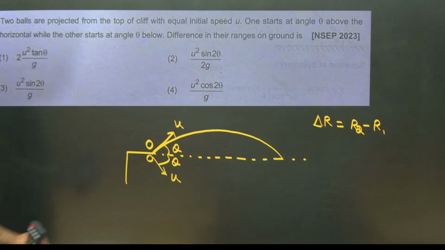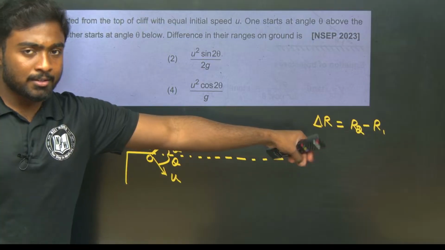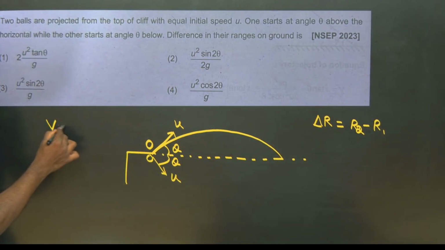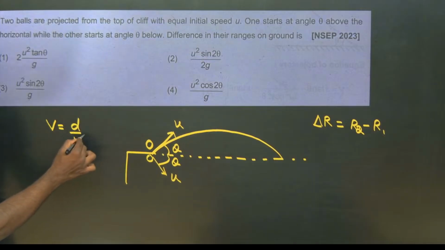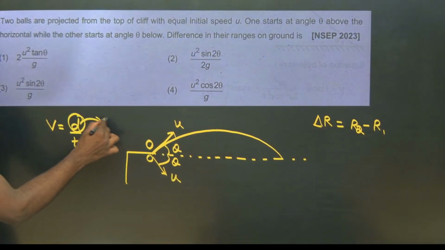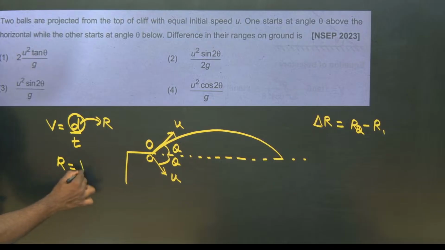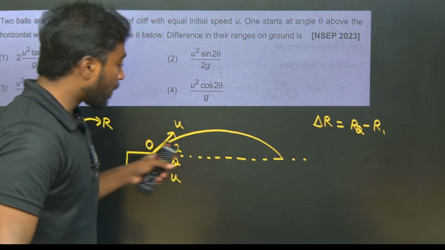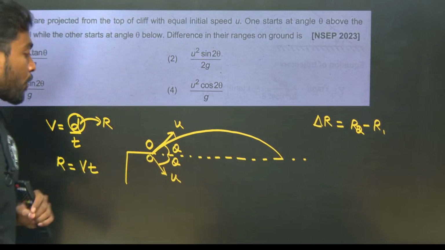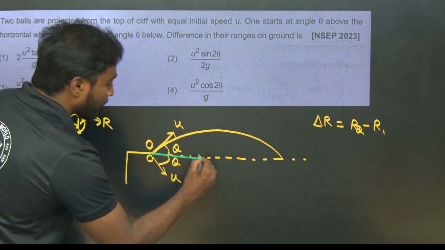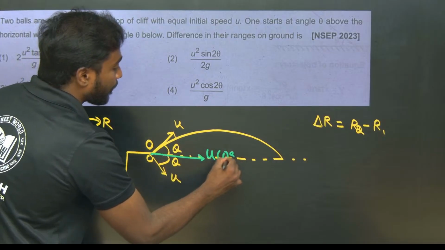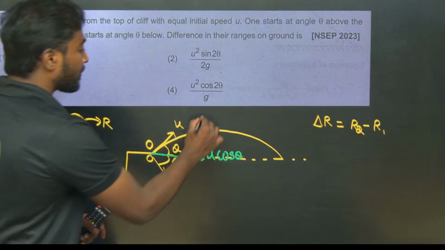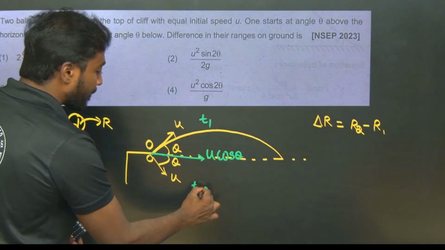Range in the sense I need to find the distance. We know that velocity is equal to displacement by time, so range is equal to velocity into time. What will be the velocity along the horizontal? I need to take the component, which will be u cos theta for both cases. For this one I will consider time t1, for this one time t2.